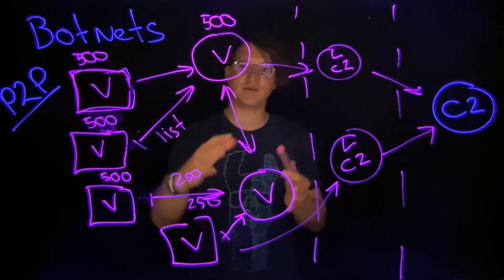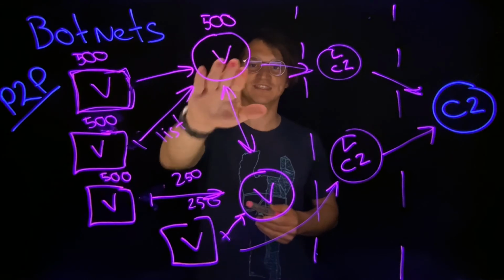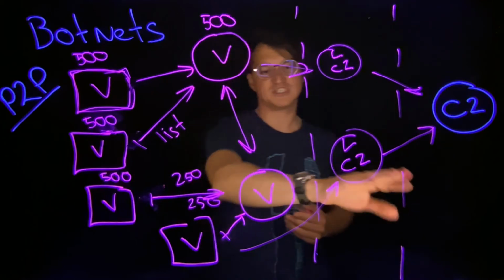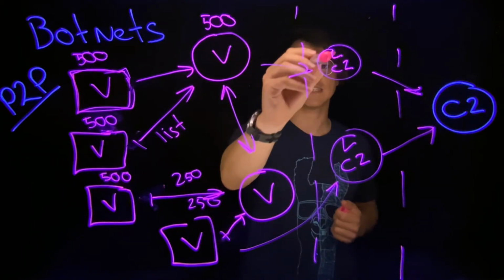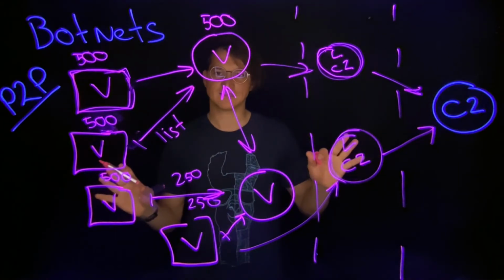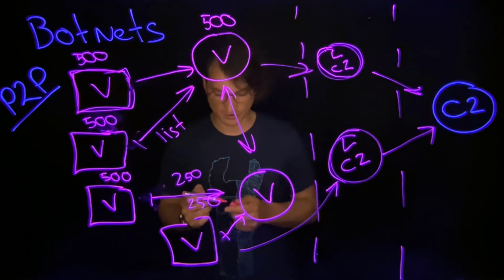It can be under attacker control, or it can be an infected machine. It still gives the commands to the rest of the botnet and exchanges lists. So you just need a couple of your own nodes accessible on the internet to push your lists and your commands, and these commands are going to be distributed among the botnet.